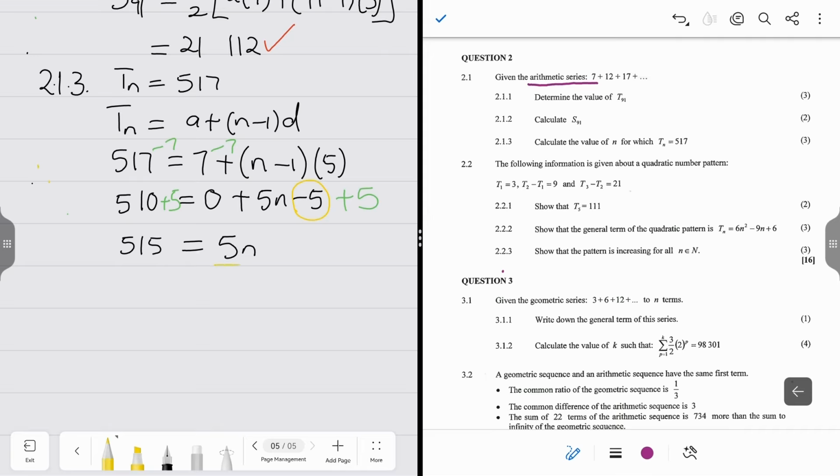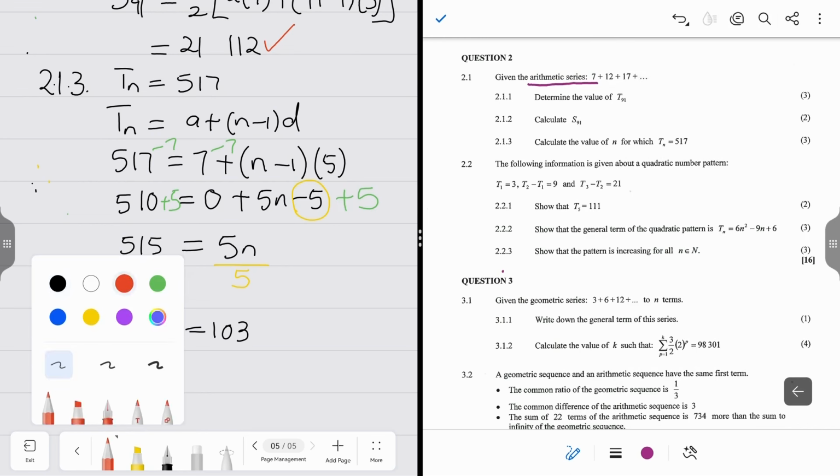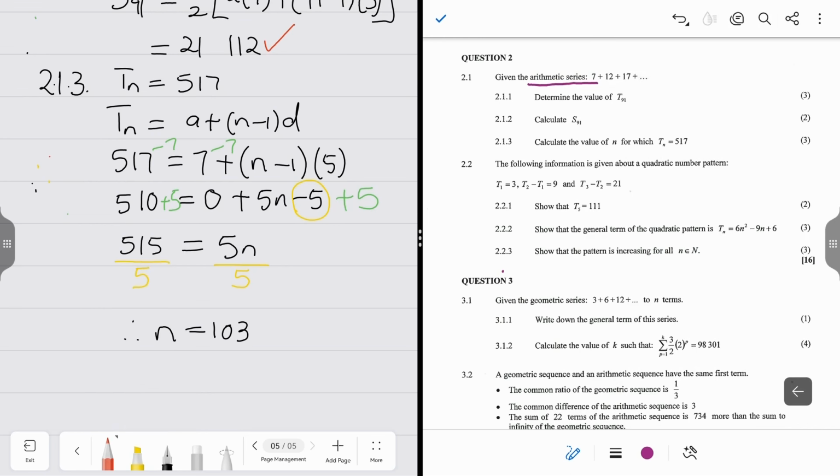Then I'll divide both sides by 5. So n will then be equal to 103. If you divide 515 by 5 in your calculator, you can check, it gives you 103. Okay, so what is the marking there?